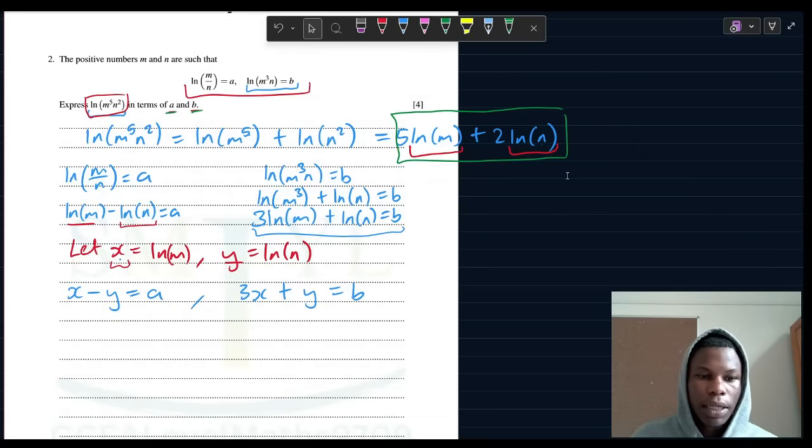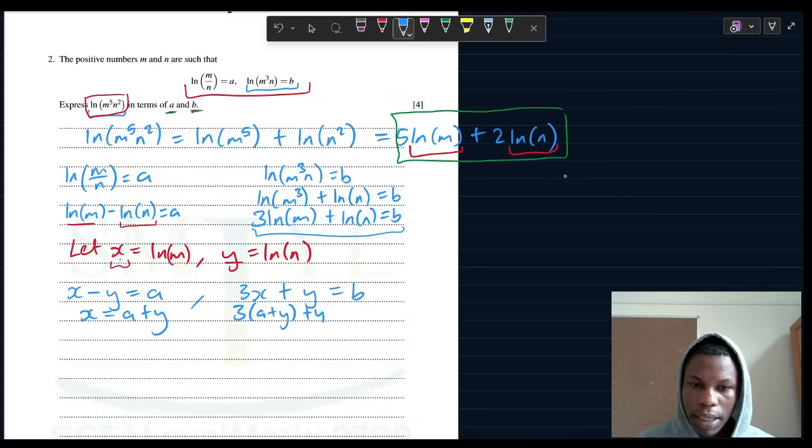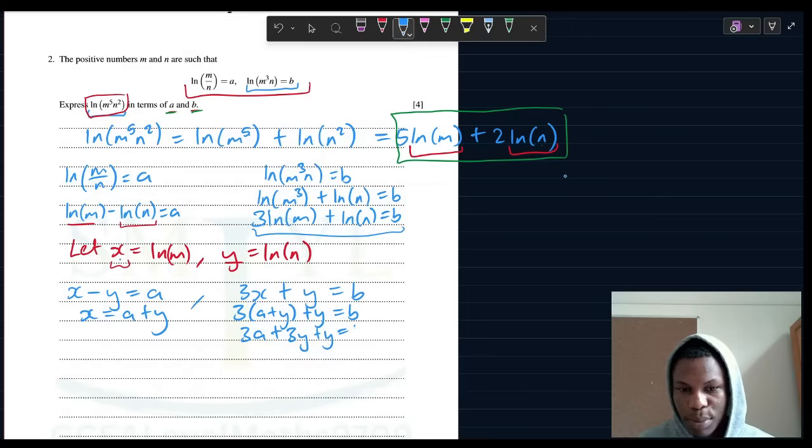Okay. So we can make x subject of the formula in the first equation. We get x is a plus y. And then we can substitute it into the second equation so that it's 3 times (a plus y) is equal to b. Multiplied through, 3 times a, that's 3a, 3 times y, that's 3y, plus y equals b.